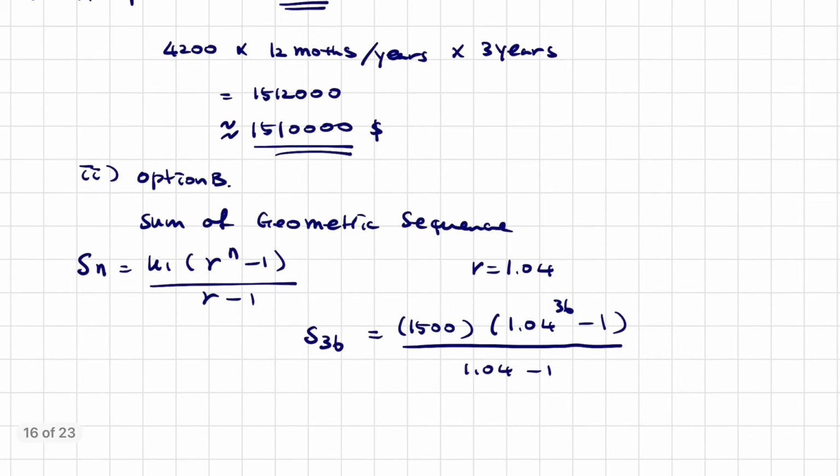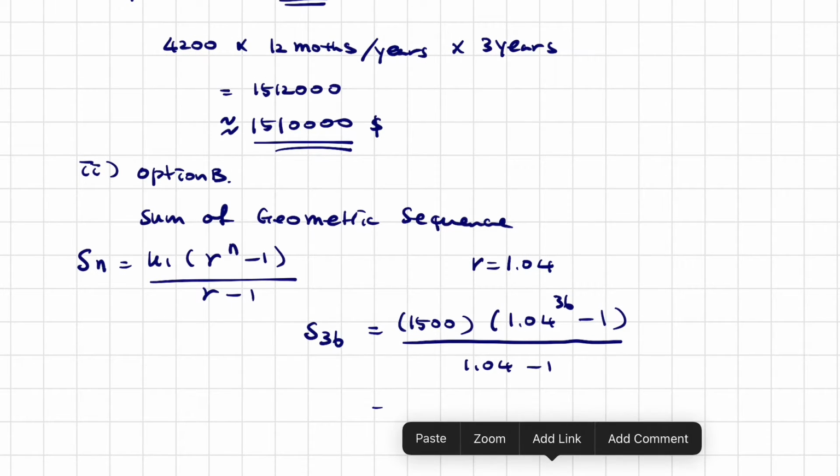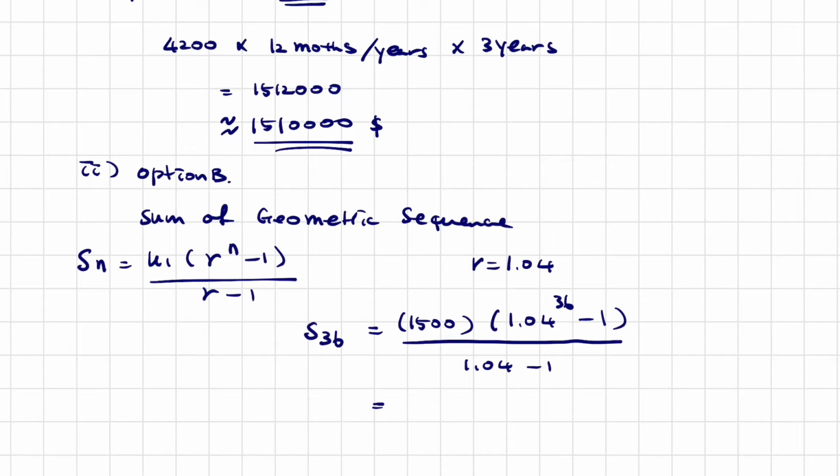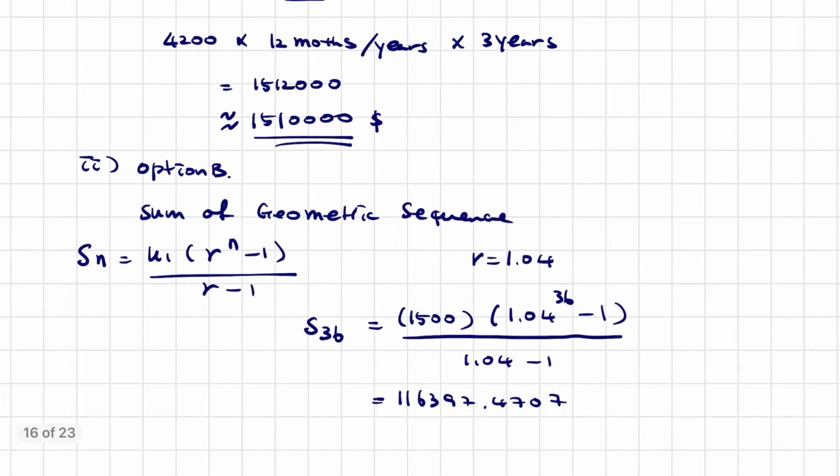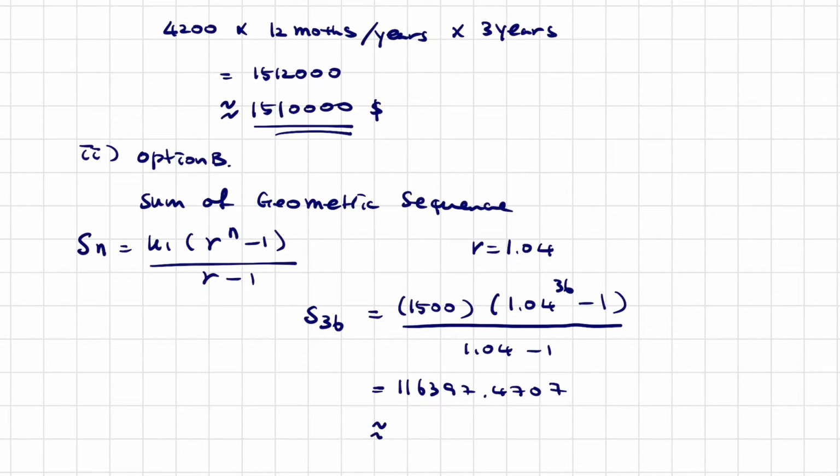So when you use your GDC, you get 116397.4707, and since we need to present our answers to 2 decimal places, the final answer will be this.